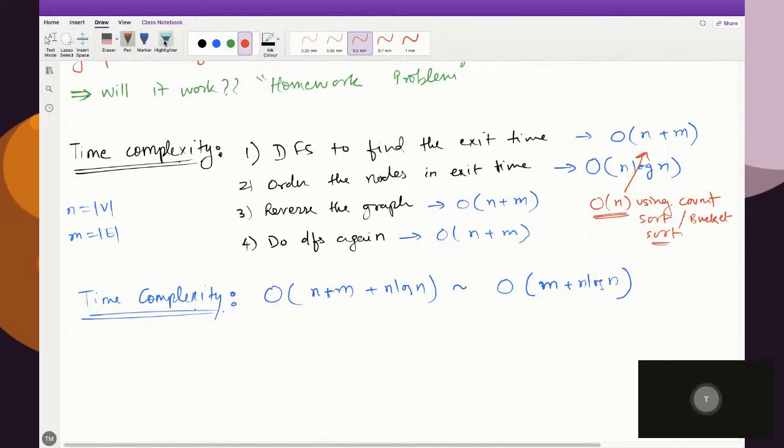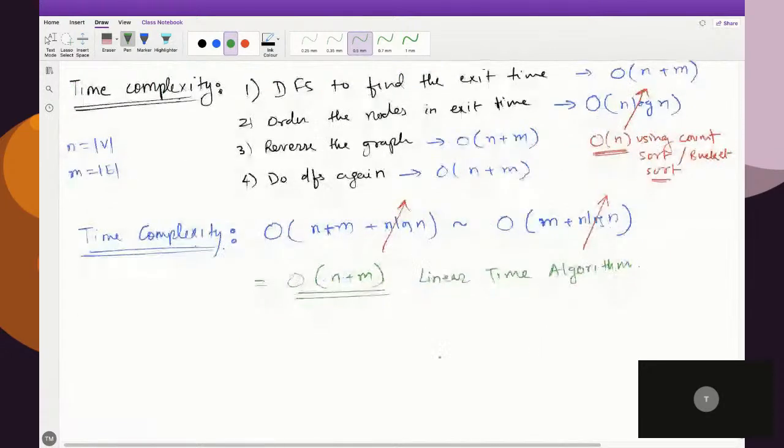So the improved time complexity is order n plus m, and we call this a linear time algorithm. Sometimes it is also referred to as a two-pass algorithm, because we are doing two DFS steps.